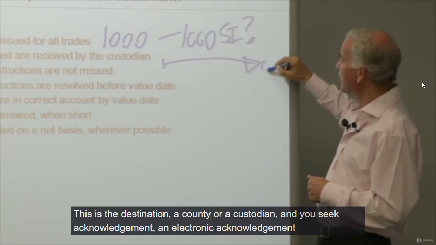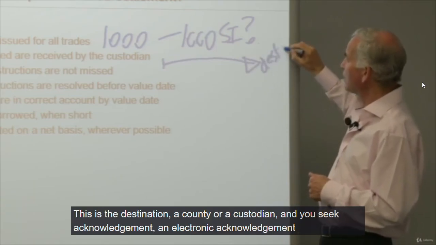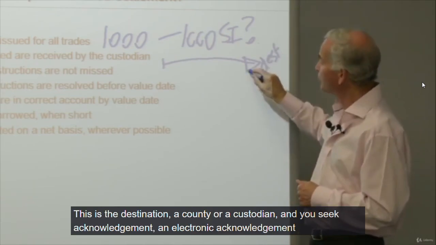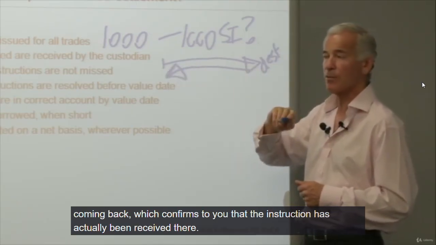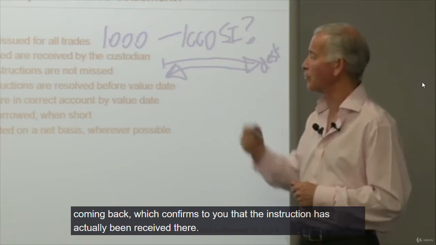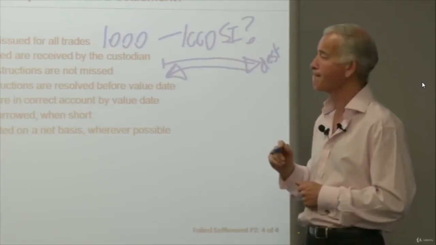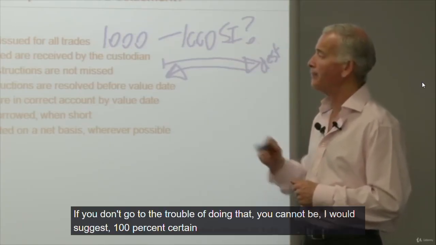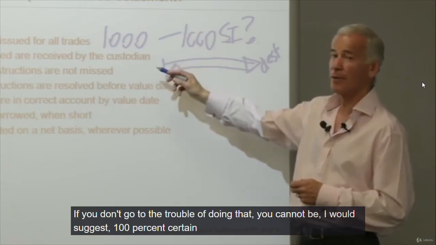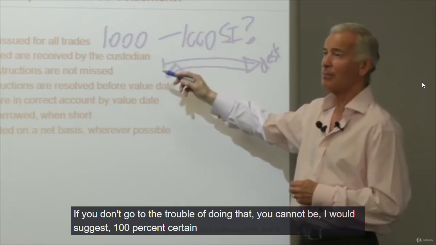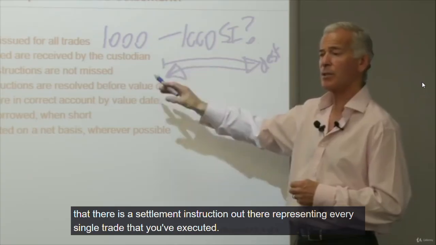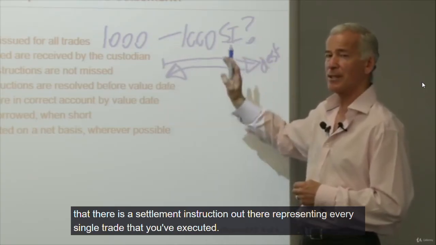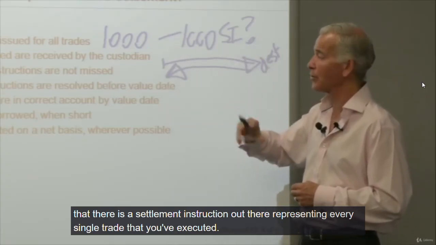This is the destination, a CSD or a custodian, and you seek an electronic acknowledgement coming back, which confirms to you that the instruction has actually been received there. If you don't go to the trouble of doing that, you cannot be, I would suggest, 100% certain that there is a settlement instruction out there representing every single trade that you've executed.